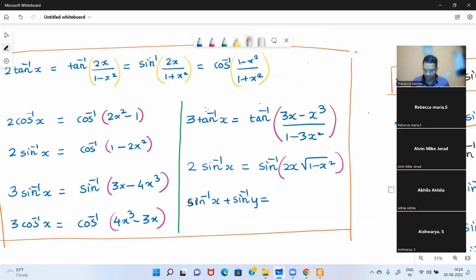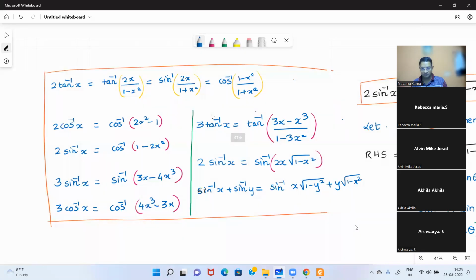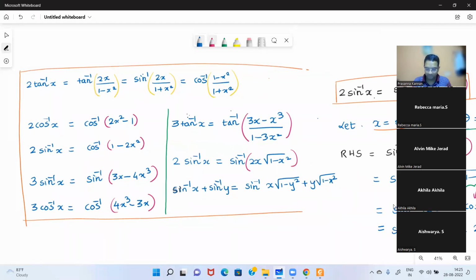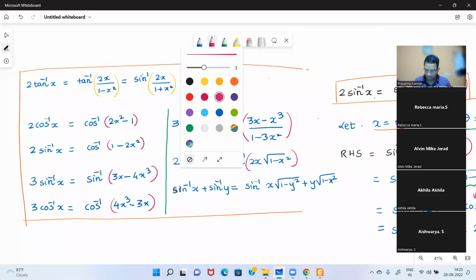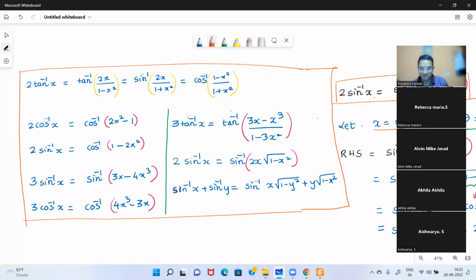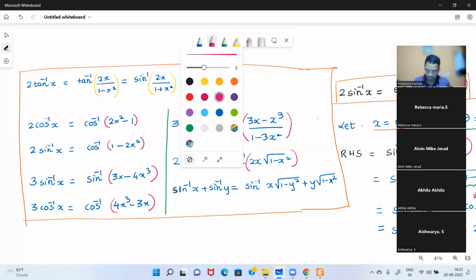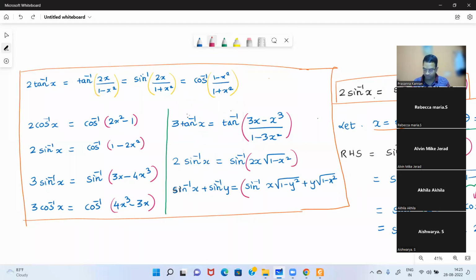Sin inverse of x plus sin inverse of y is equal to sin inverse of x into root of 1 minus y square plus y into root of 1 minus x square.